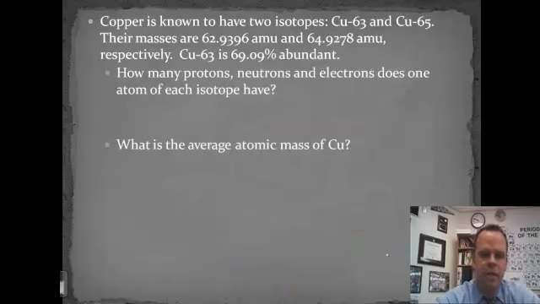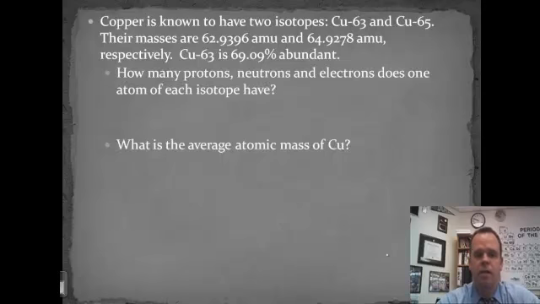Okay, copper has 2 known isotopes, copper-63 and copper-65. Their masses are 62.9396 AMU and 64.9278 AMU. Copper-63 is 69.09% abundant. We want to find the number of protons, neutrons, and electrons, and the average mass.